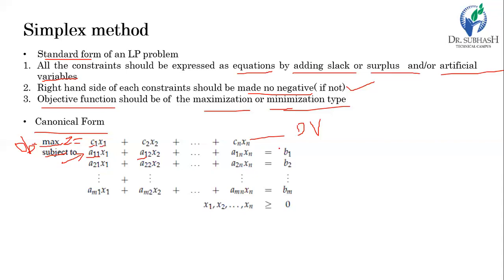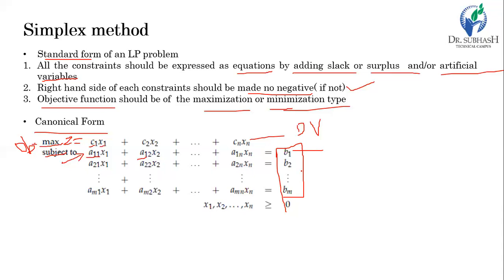And equal to b1. B1 is generally called the right hand side during the solution of the problem, particularly in an LPP problem. So this right hand side has a meaning. It represents the total amount of a particular resource. Let's suppose it is a time constraint, then b1 will indicate the total time available for that particular problem.